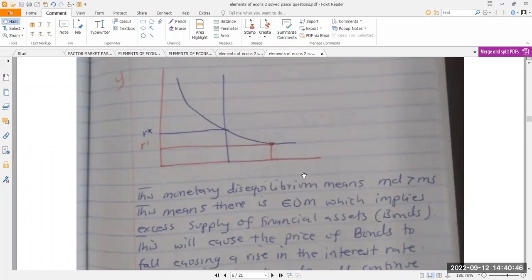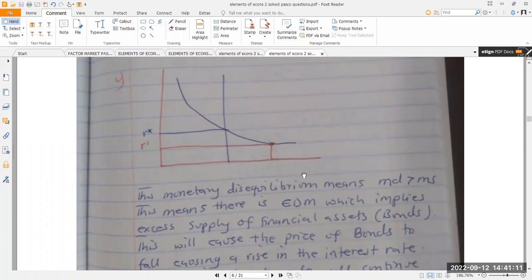So whenever you have excess demand for money, it means that we have excess supply of bonds. Are we together? Whenever we have excess demand for money, it means that we have excess supply of bonds. And from demand and supply analysis, we know that whenever we have excess supply of a commodity, the price of that commodity will fall.